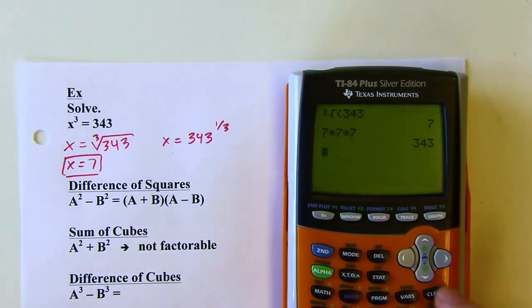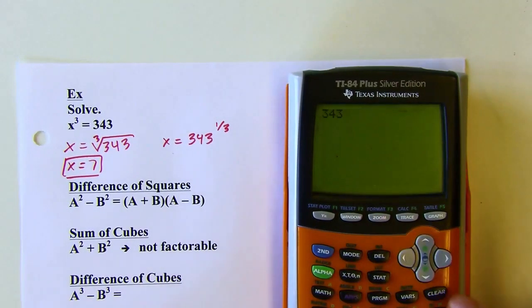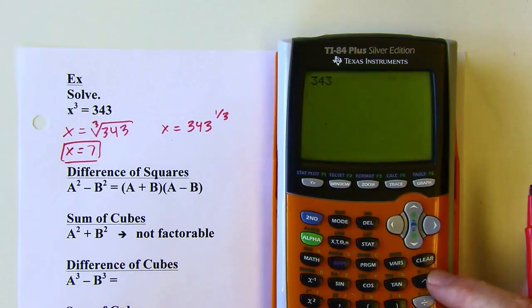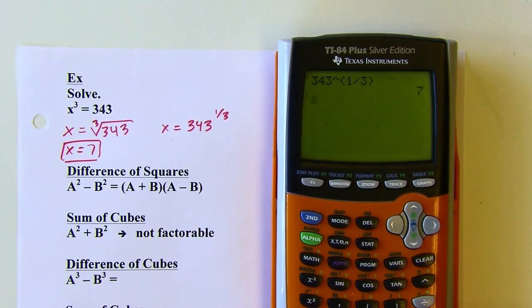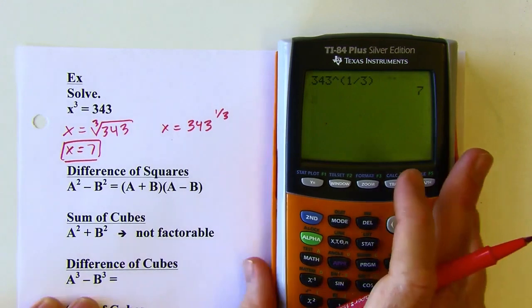Okay? So let's try this out. I'm going to do 343, then I'm going to use my exponent button right up here. And I'm going to raise this to the 1/3, putting it in parentheses just to be safe, so my calculator doesn't raise it to the first and then divide by 3. So I'm putting this in parentheses like so, and let's see if we get 7. Look at that, we do. Okay, so that's another way to handle it.